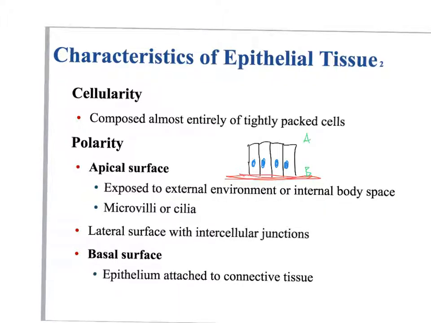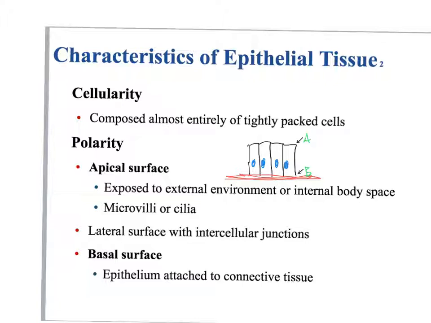A or B, which one would you consider the apical surface? A. A for apical. What would you consider B to be? The basal surface, the side that's attached.